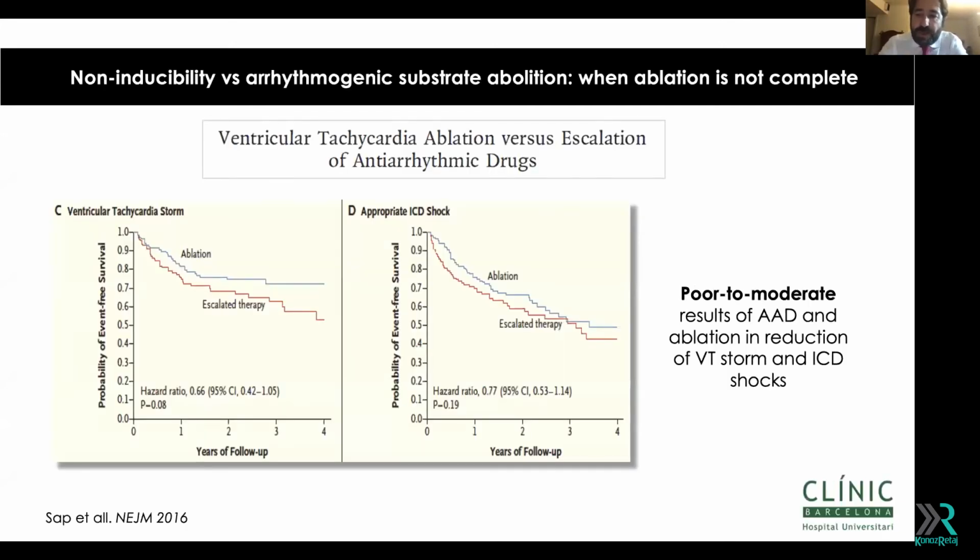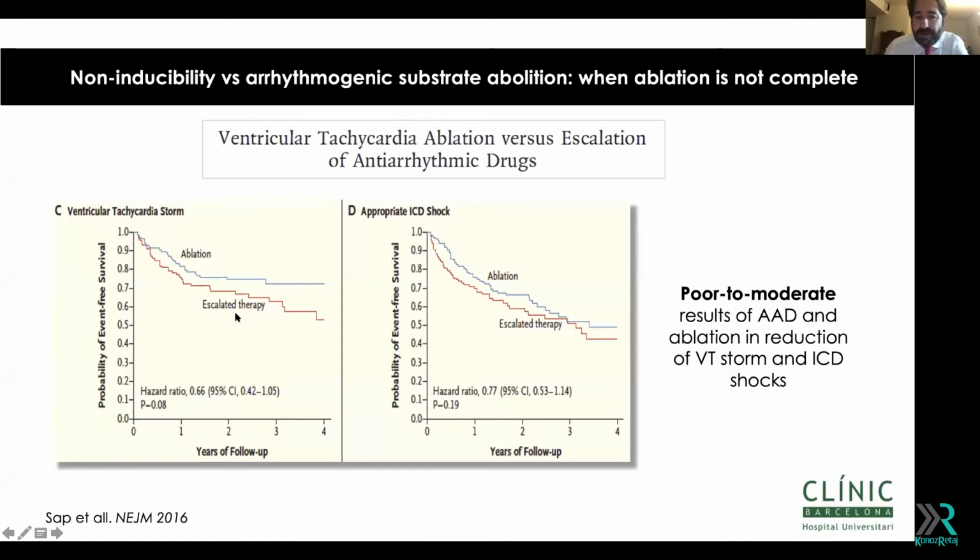If you see the results of VT ablation in the multicentric trials, it is the VANISH trial, the results of VT ablation are, let me say, far from perfect. You can see here that 30% of the patients in the VANISH trial had VT storm.